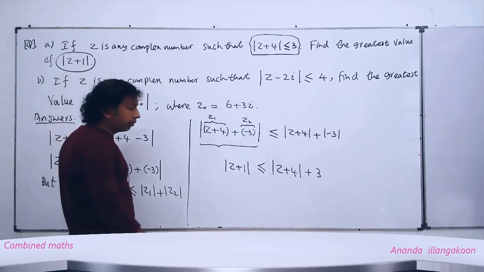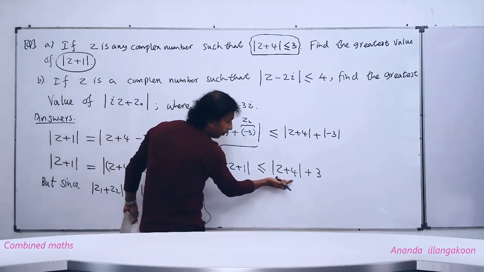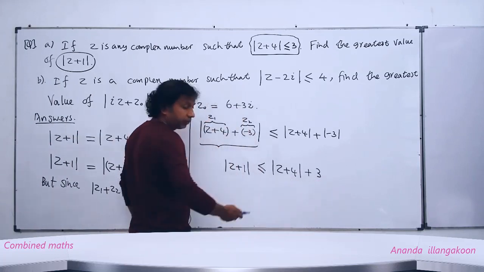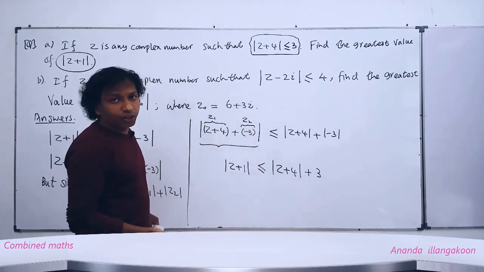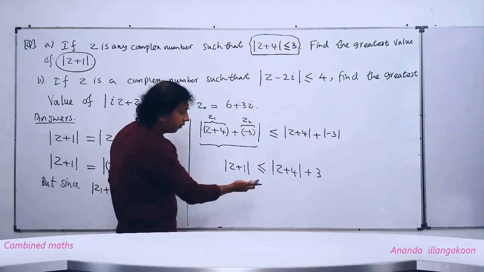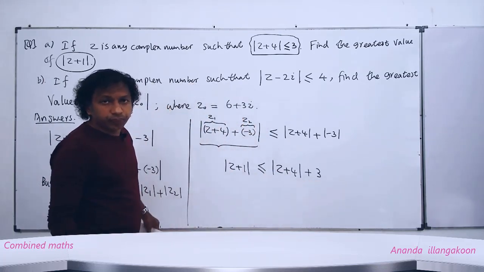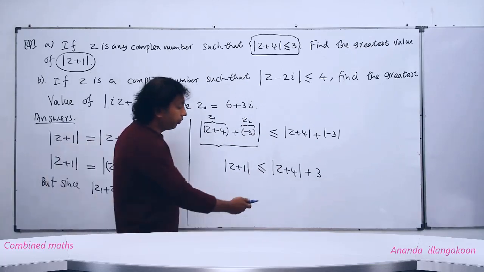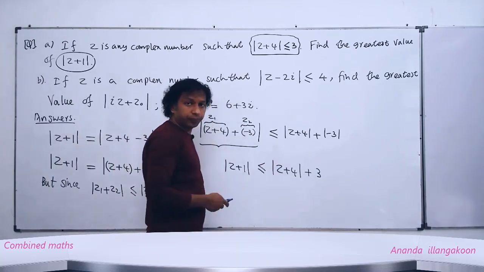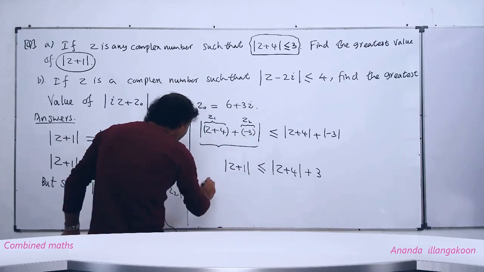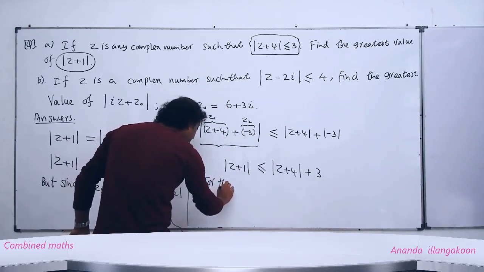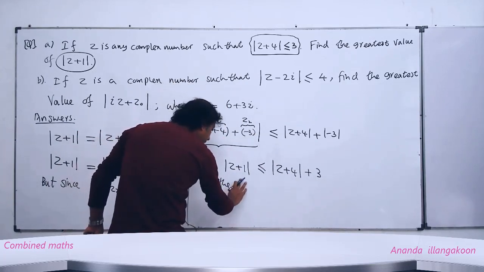Then to find the maximum possible value the right hand side can take, we have to put for |Z + 4| its maximum value.